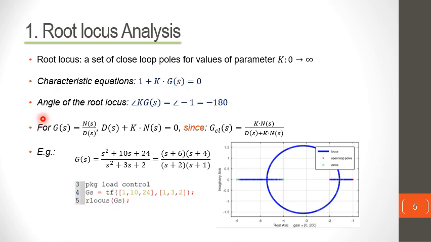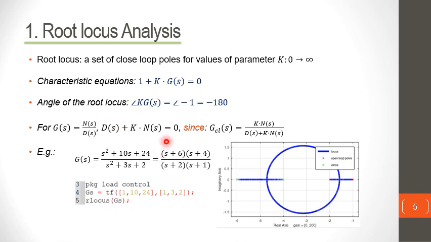How is that? For instance, look at this. If you have g(s) equal to the numerator n(s) divided by the denominator d(s), you will notice that the denominator of the closed loop transfer function will be d(s) plus k times n(s) equal to 0. This would give you the equations of the closed loop poles.